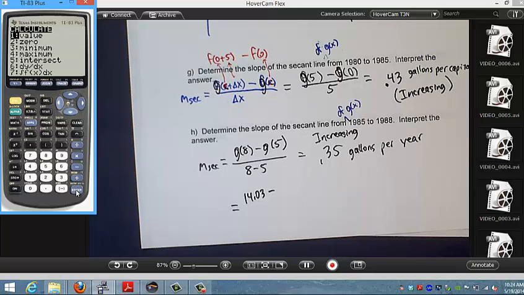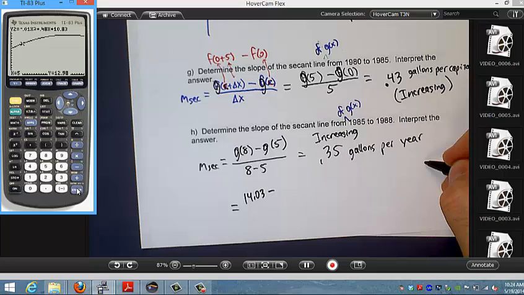And what am I really doing here? When I say plug in x equals 5, I want you to understand, I'm sure you did this in your algebra class. How do you get g of 5? Well, what you do is this.